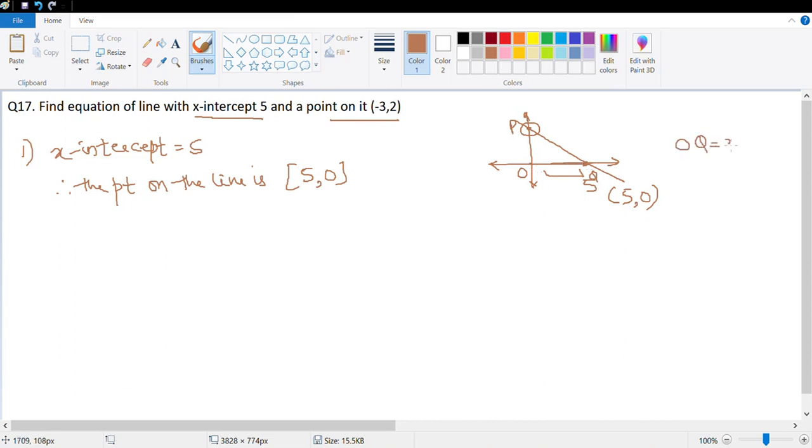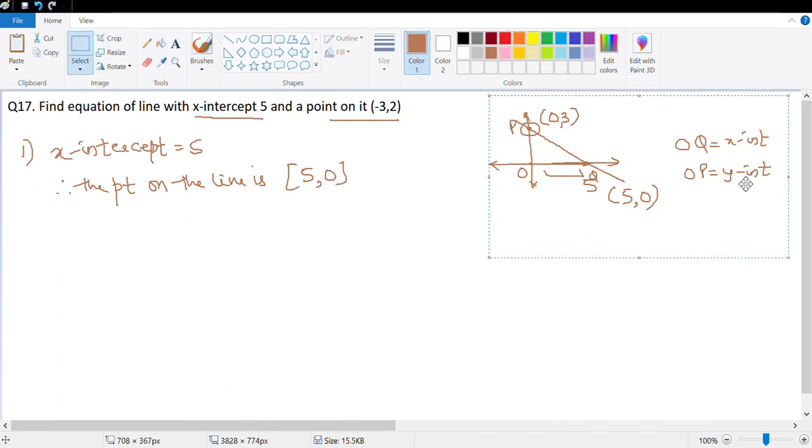OQ is equal to x-intercept, and OP is equal to y-intercept, which means the point where it meets the y-axis. Here the coordinates of this point will be (0, 3), let's say, because x coordinate would be 0, y coordinate let's say is 3. Just theoretical, it's not as per this question. Perfect. So let's go ahead and look at the question.